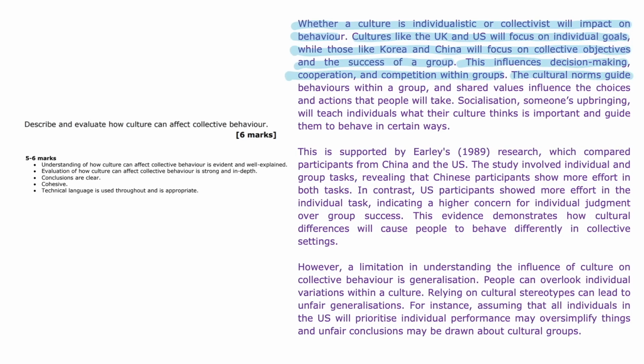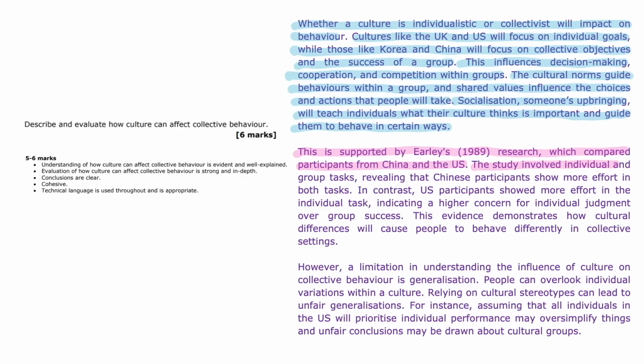The cultural norms guide behaviours within a group, and shared values will influence the choices and actions that people will take. Socialisation, someone's upbringing, will teach individuals what their culture thinks is important and guide them to behave in certain ways. This is supported by Early's 1989 research, which compared participants from China and the US.